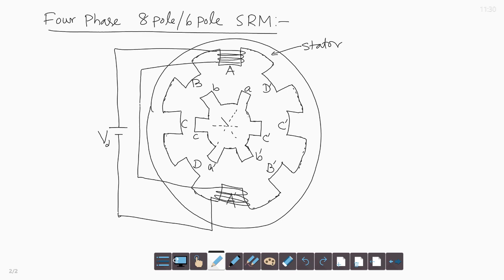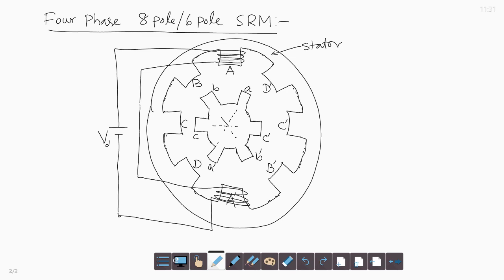So, if A and A dash are connected to the DC supply by closing a switch, then a magnetic field is established along the axis of A and A dash. A and A dash become poles, magnets. So, a magnetic field is established along that axis, not along any other pole.